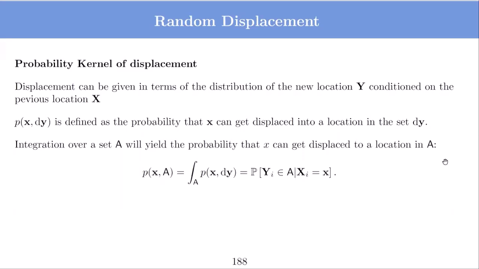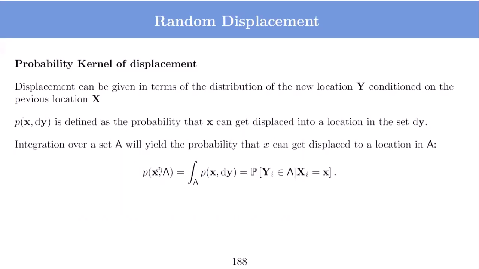If you just say point x moves to a particular location y, that may have a zero probability when the point can move anywhere in this uncountable space. So instead of that, I talk about the probability that x moves to some small interval dy. So how do I compute this?